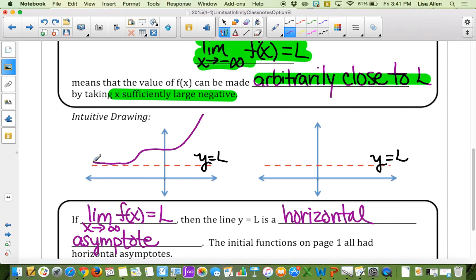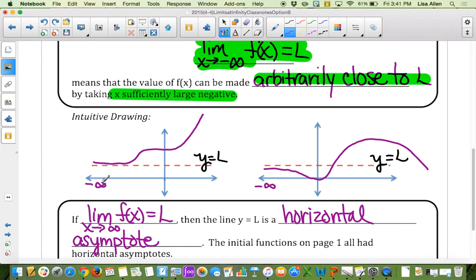So we could also look at a function moving to negative infinity. It might go something like this. It might do something other, but you can see as x moves to negative infinity, that your function moves towards y is equal to L. Same thing here as x moves to negative infinity over in that direction.